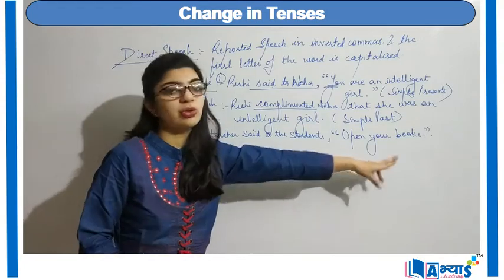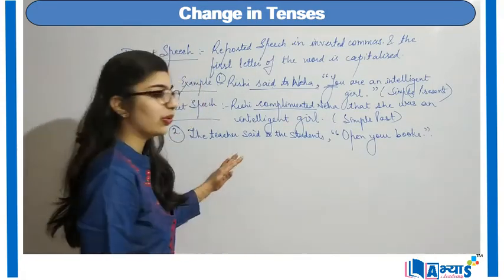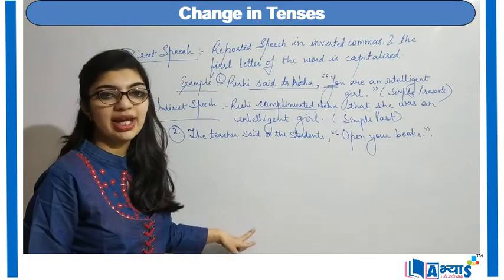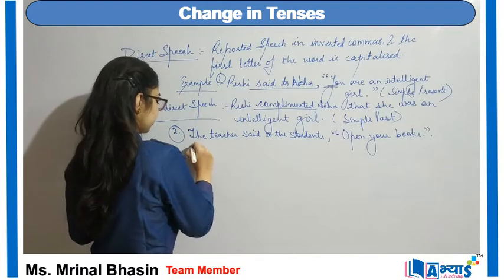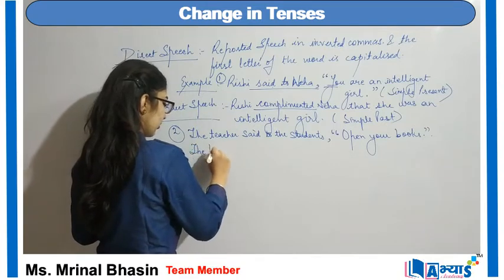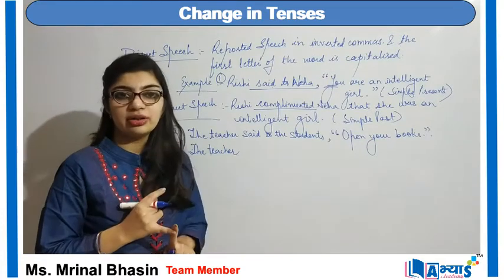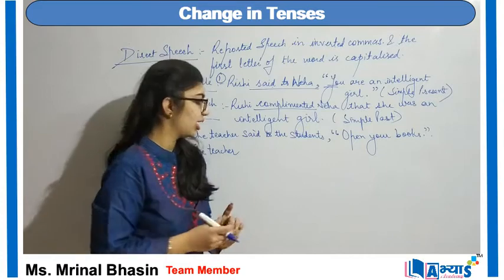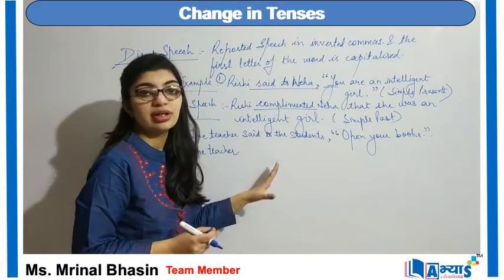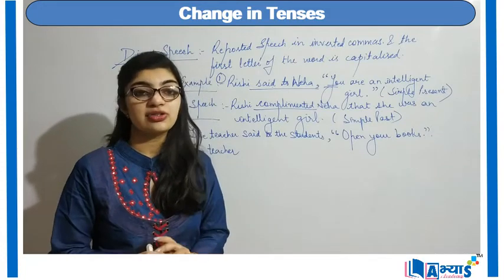Now, open your books is again in simple present tense. To convert this sentence into indirect speech, I will start with the teacher. Now teacher will either command or instruct, right? Now here the teacher, what is the teacher doing to students? The teacher is basically instructing the students.